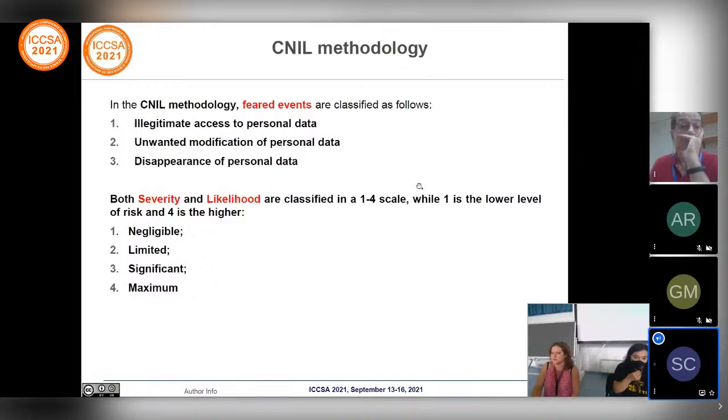In this slide we can see the feared events: legitimate access to personal data, unwanted modification of personal data, and disappearance of personal data, according to a likelihood and severity scale of risk.